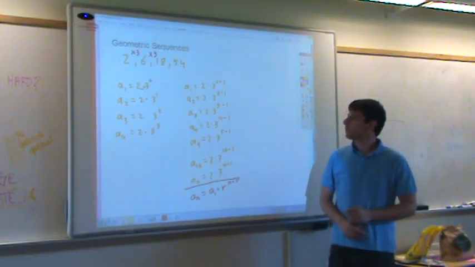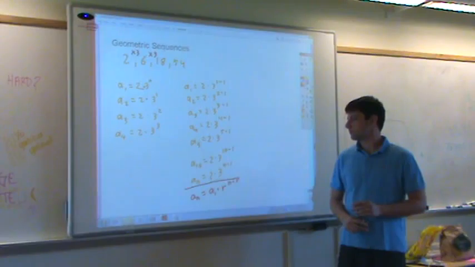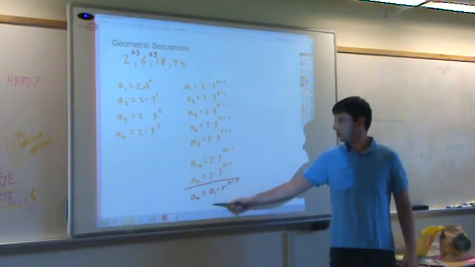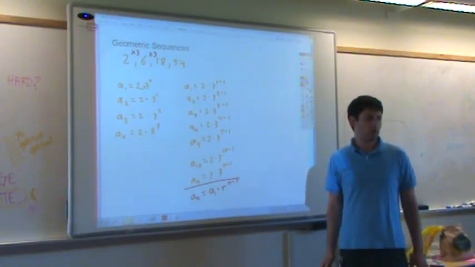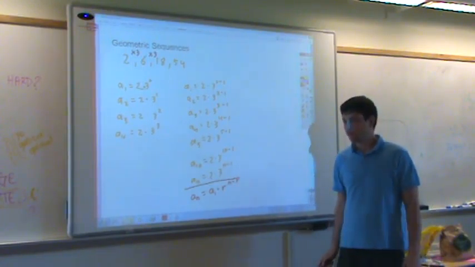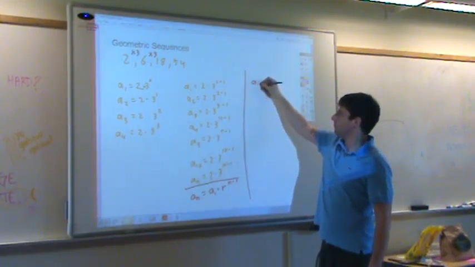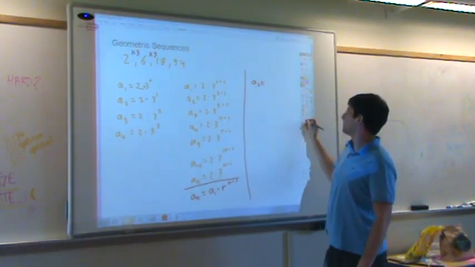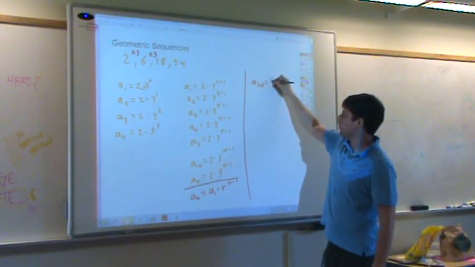Okay? So real quick, why don't we calculate the 10th term? We've already done 10 up there. How about the 20th term? It's going to be pretty big. Is the first term still 2?